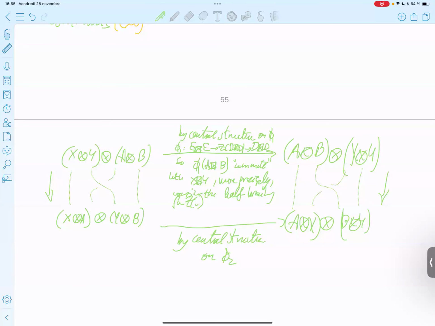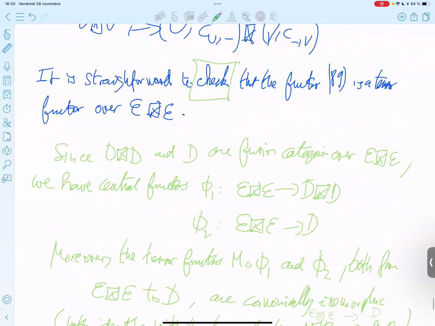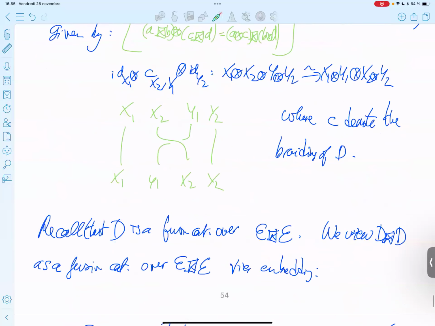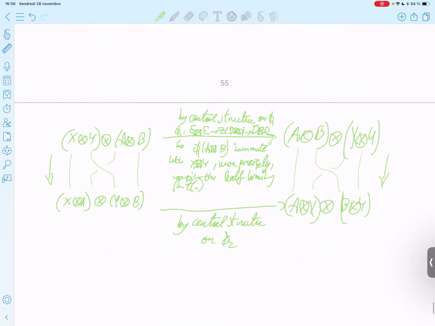These two arrows, this arrow and this arrow defined this way, are exactly the tensor structure of M. So here it is the tensor structure in M, this was equation 89. Idem here.